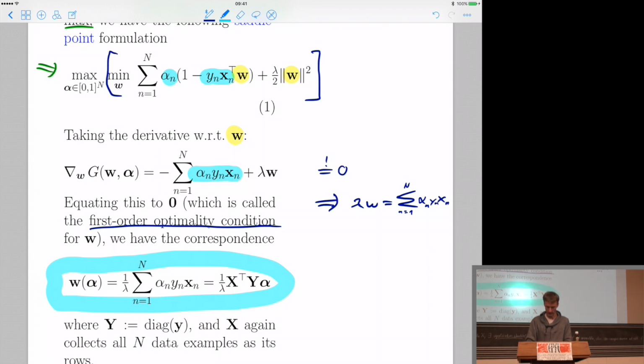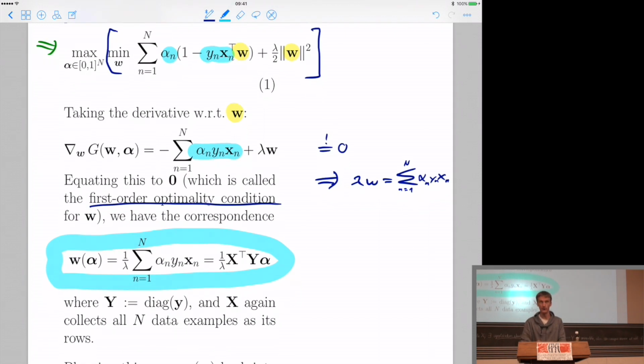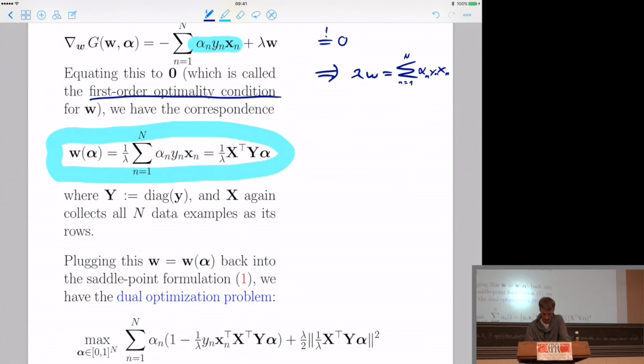We actually write it in matrix form. The very usual thing, you know that every data point is in a row of the big X matrix, right? So the X matrix contains the data points as rows. So here's the first data point. Maybe it's a row vector, but it doesn't matter.